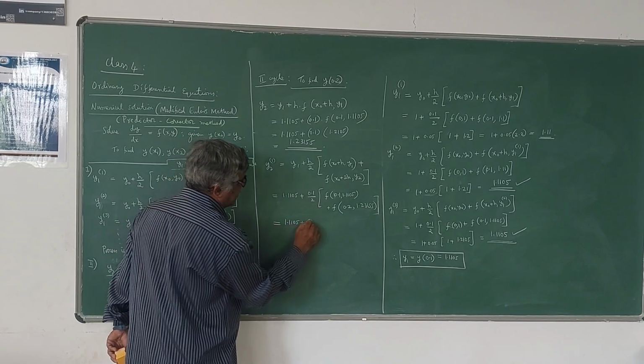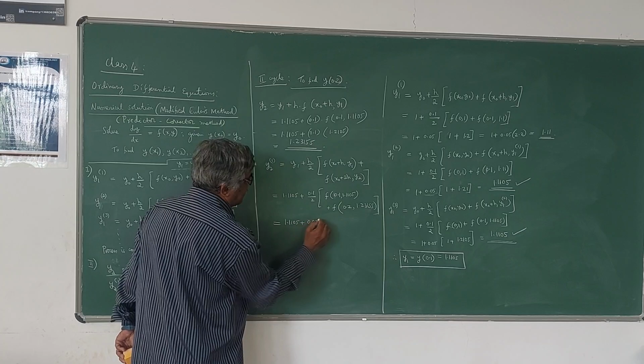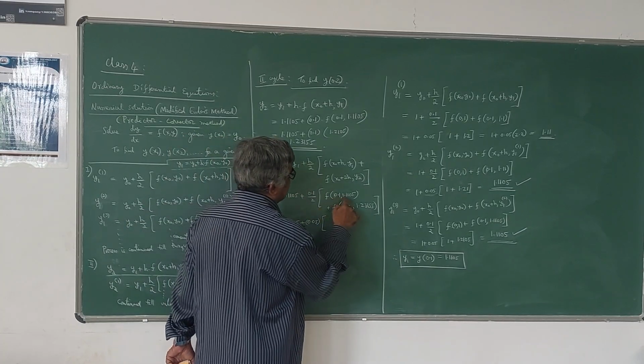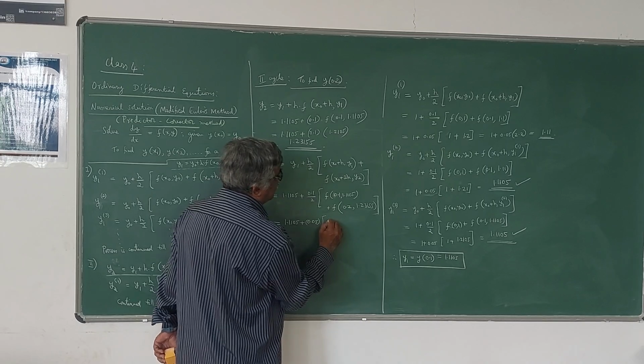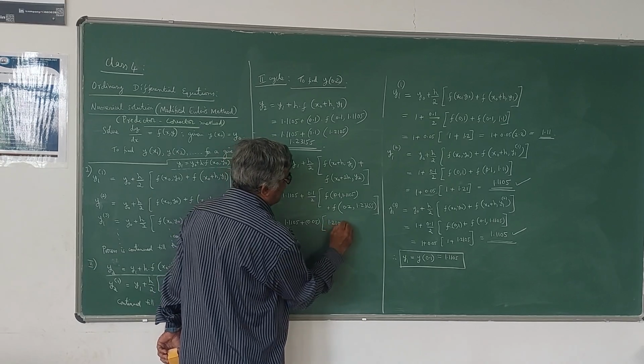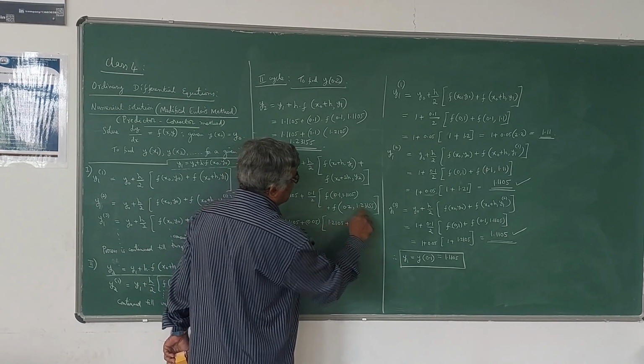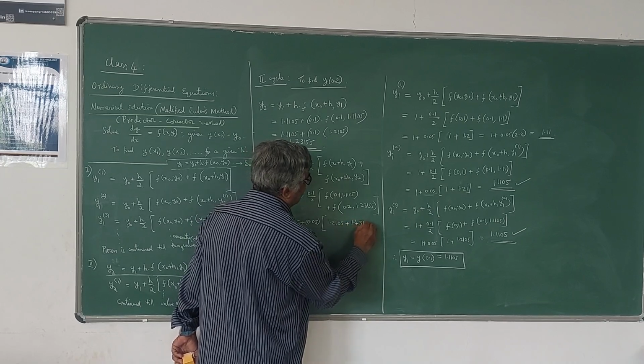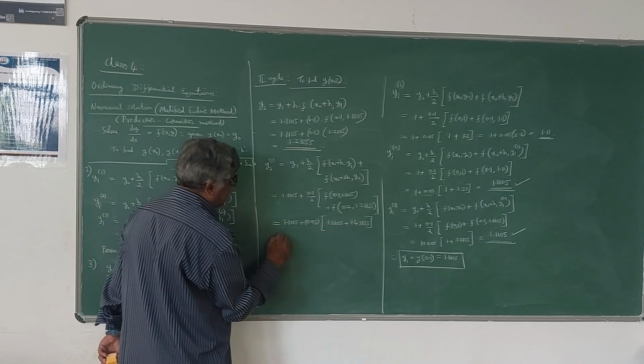1.1105 plus 0.05 into, here we take this plus this, since x plus y is the function, so 1.2105 plus, here also x plus y is the function, so 1.4315. Now simplify this.